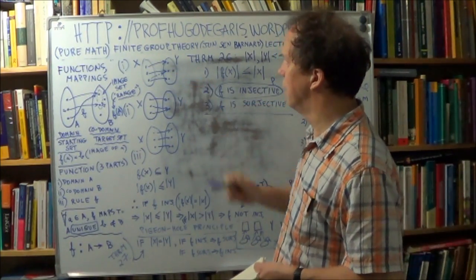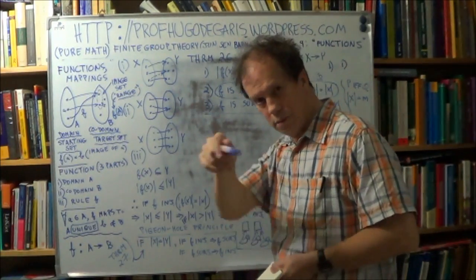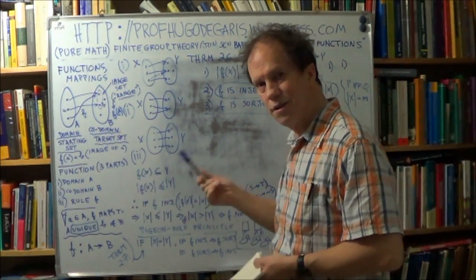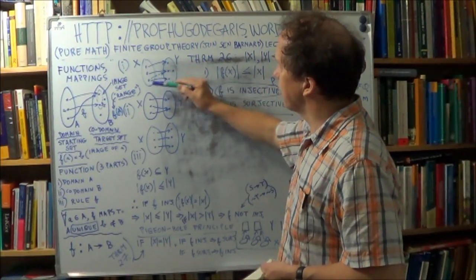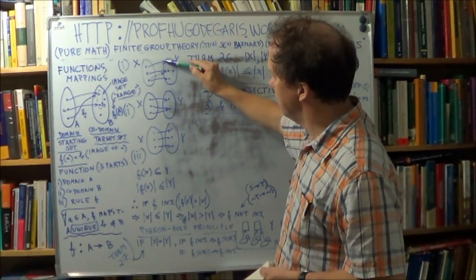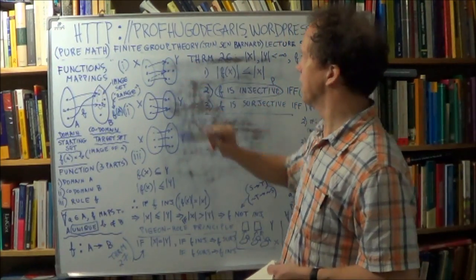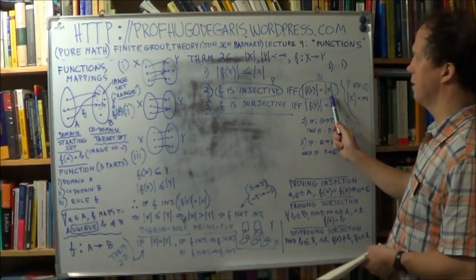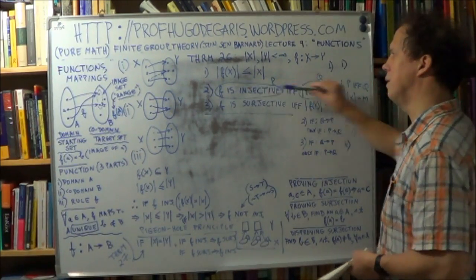It's one-to-one, no many-to-one. Here's an example. We're using that concept again: no many-to-ones. So if it's one-to-one like that, therefore the size of this image set is equal to the size of your starting set, which is this. So we've proved Q. So we've proved 2, because we've now done it both ways.